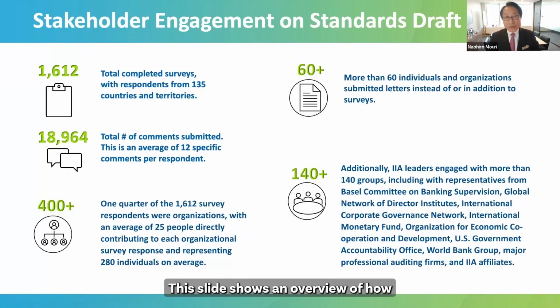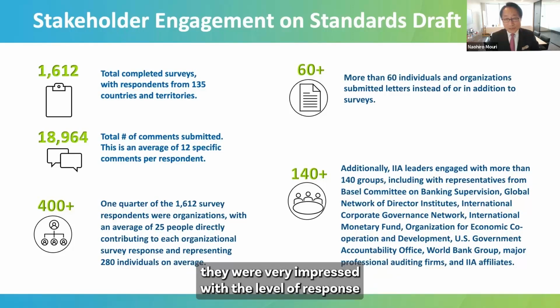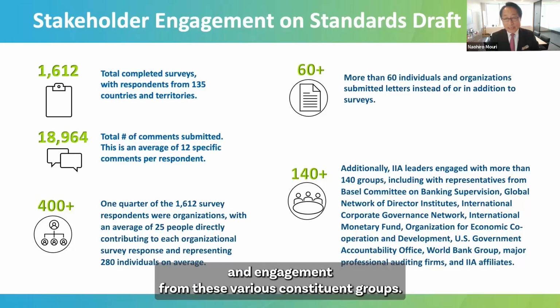This slide shows an overview of how some of that input came in and the responses were received. The Oversight Council and other standard-setting bodies told us they were very impressed with the level of response and engagement from these various constituent groups.